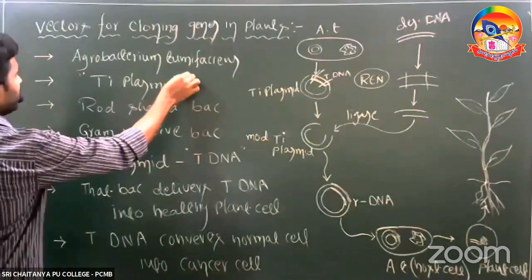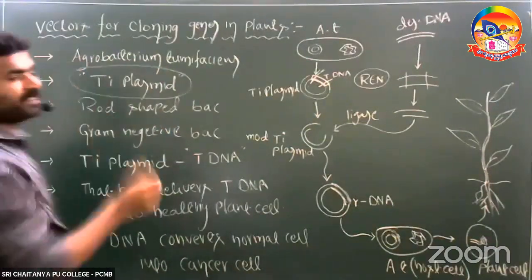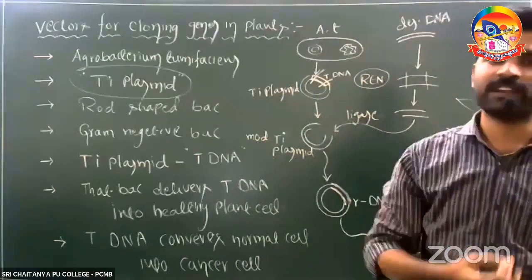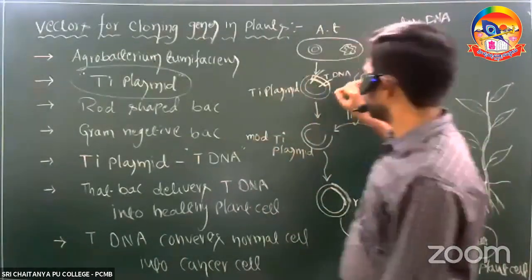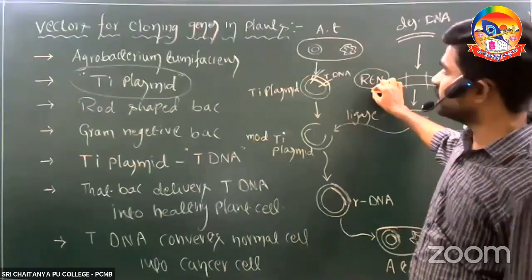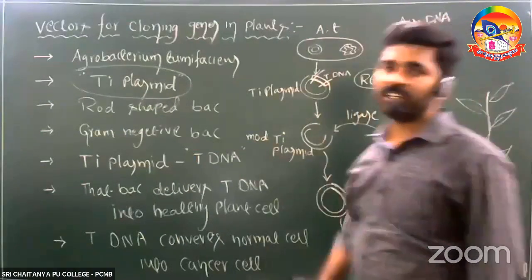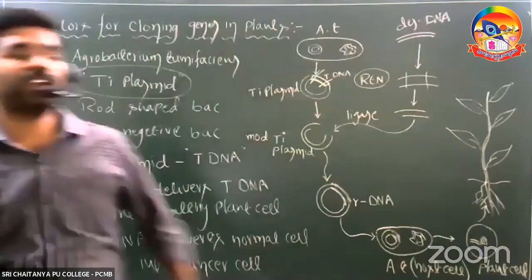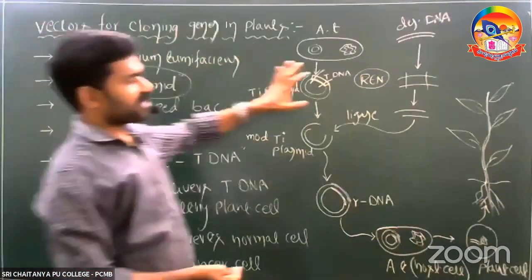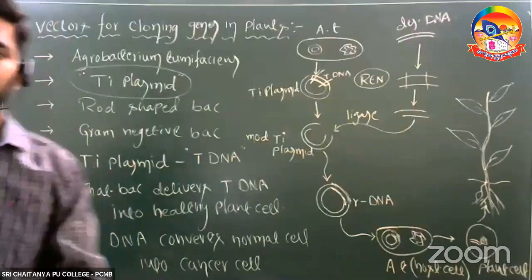Ti plasmids. But Ti plasmids are disease-causing plasmids, no? But we modified that plasmid by using restriction endonuclease enzymes. Instead of tDNA, we inserted desirable genetic material. So modified Ti plasmids are used for insertion of desirable genetic material into the plant cell cytoplasm.